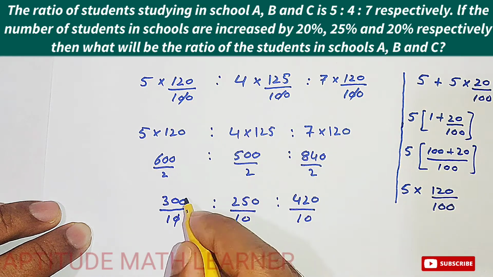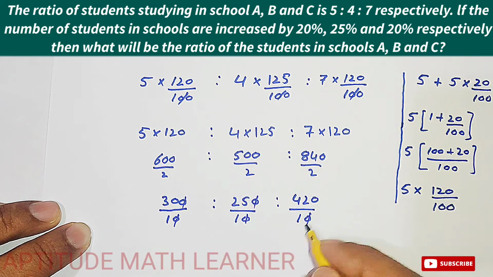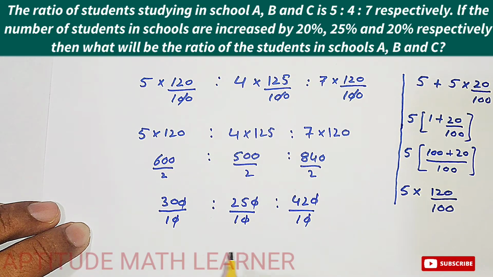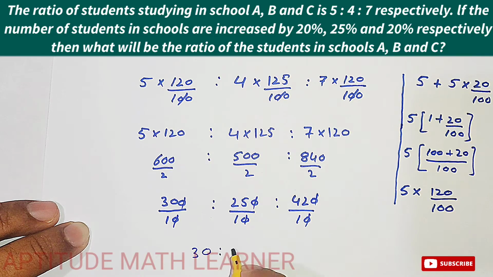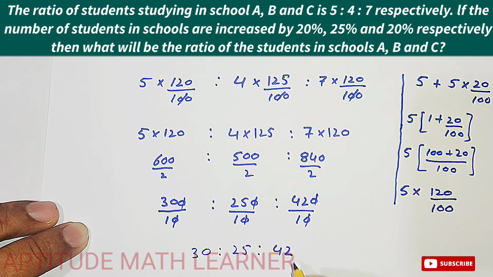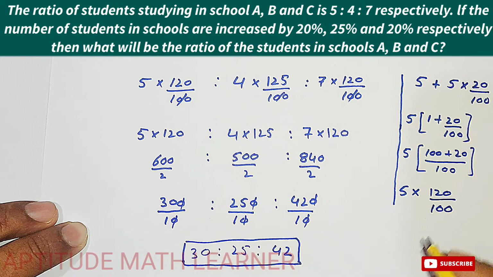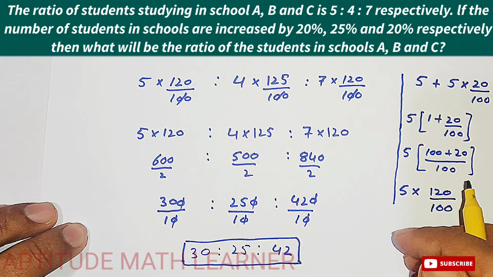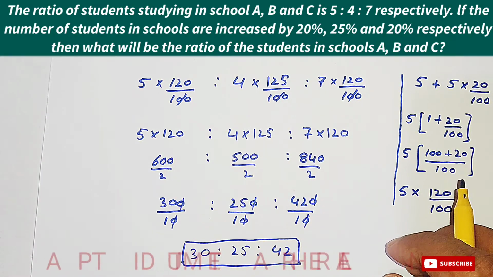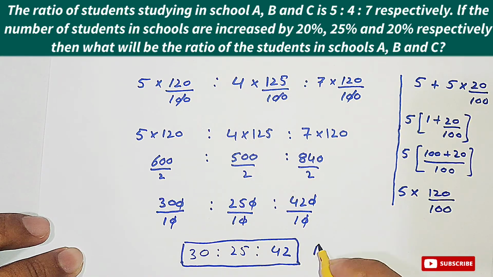So we cancel out the zeros in all of them. Here we get the new ratio, that is 30:25:42. So this is the new ratio of the strength of students in schools A, B and C after the increase. So this is our answer.